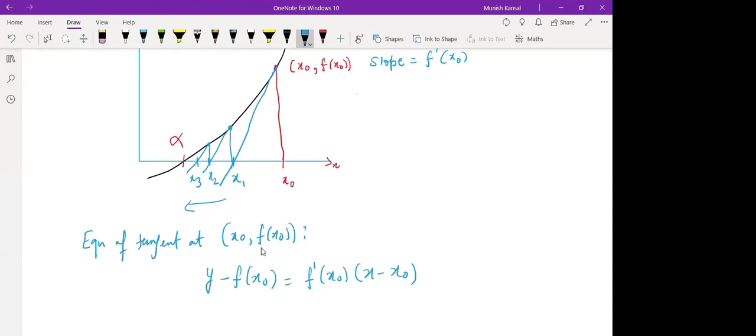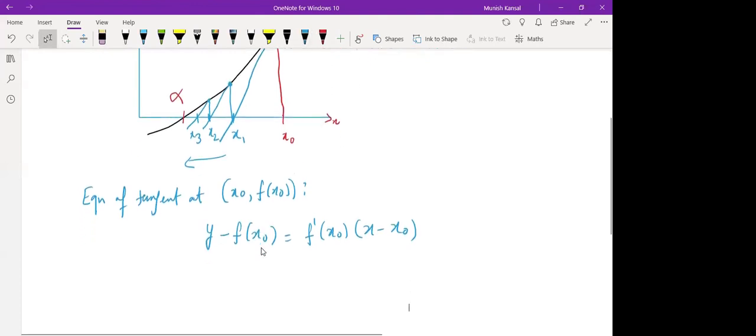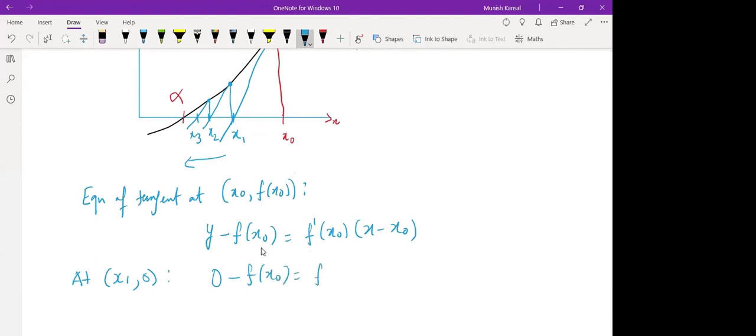Now this tangent line will cross the x-axis at a point. That point is x1. So at x1 comma, what is the y coordinate here at the x-axis? The y coordinate will be 0, right? So if I put y equal to 0, we get this equation, and x will be equal to x1, right?